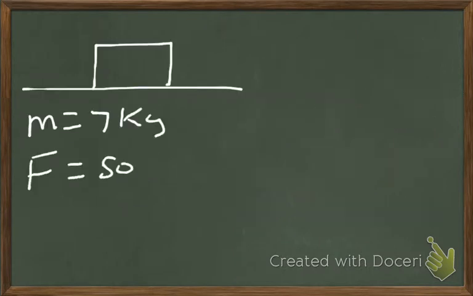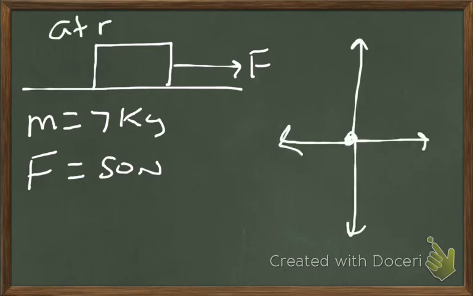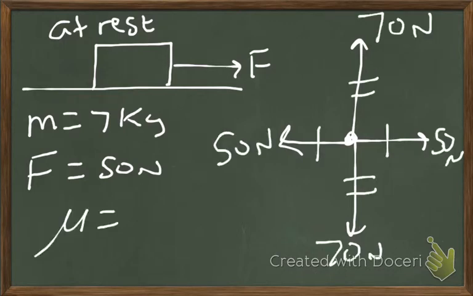Let's do an example where we can actually calculate it. I'm pulling on a box, and this box is sitting on the floor, but it is not moving, so we will say it's at rest. And if it is not moving, then that means all the forces are balanced.